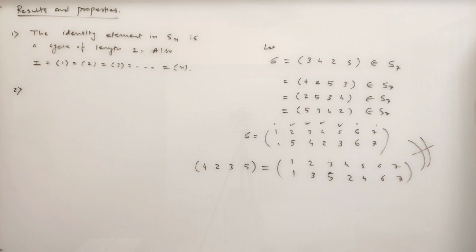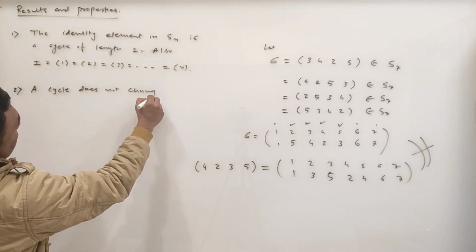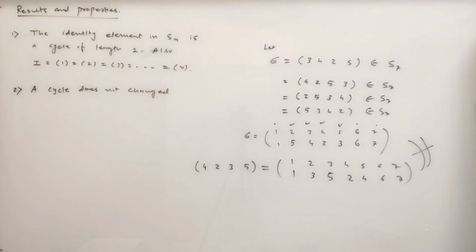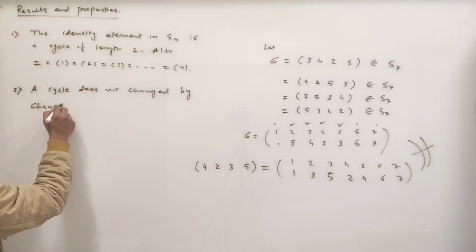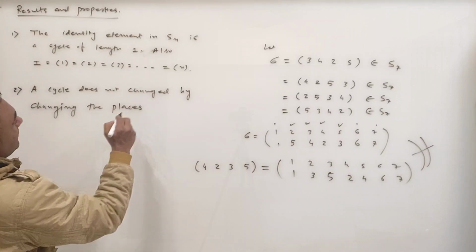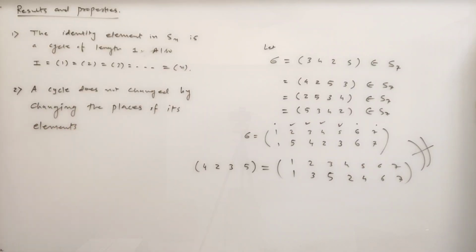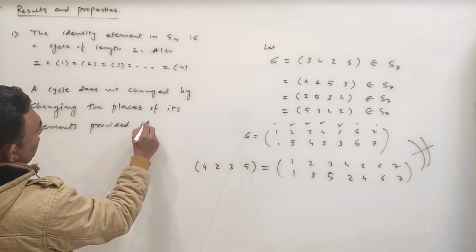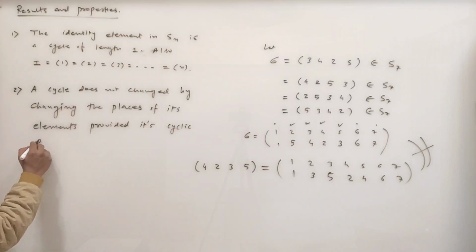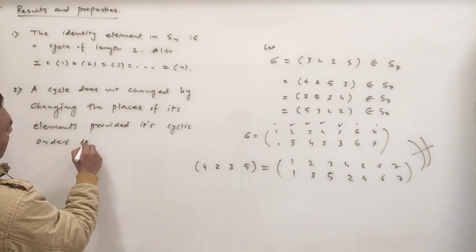The second one: a cycle does not change by changing the places of its elements in cyclic order, provided its cyclic order is not changed.